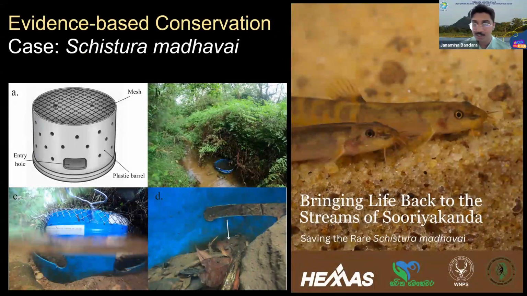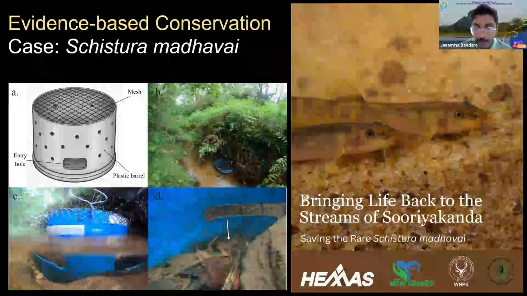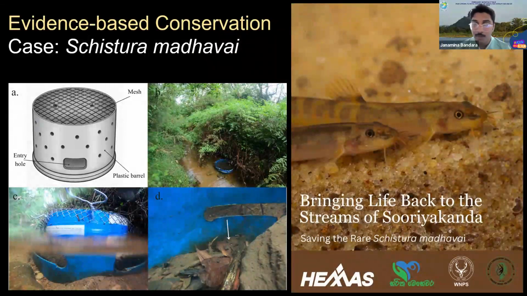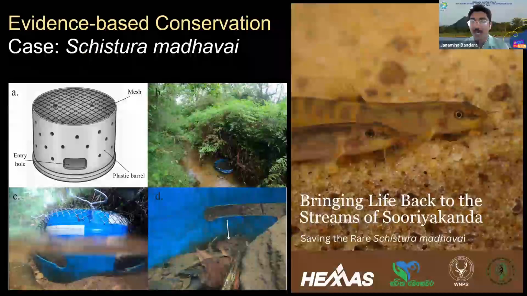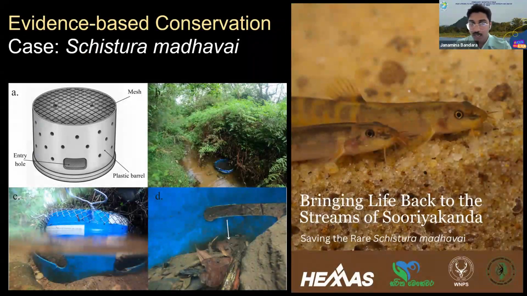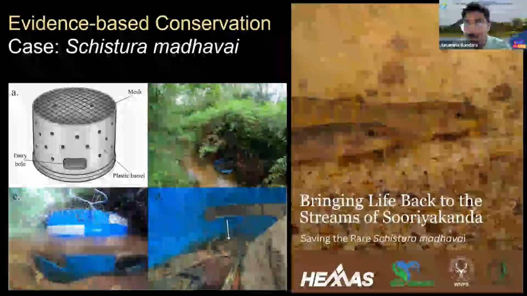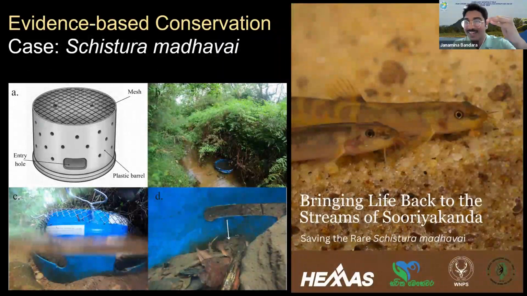But I just use this one structure that we came up with, which we call the leaf litter bay. What happened is, we realized that the juveniles are significantly associated with the leaf litter more than the adults, and these leaf litter are the breeding grounds of these lodges.